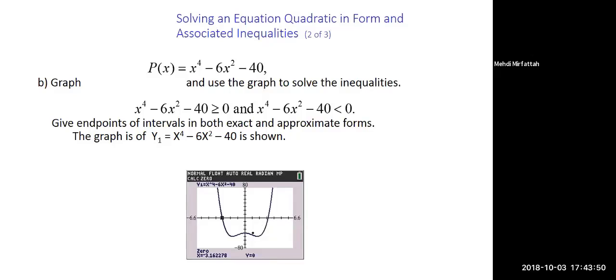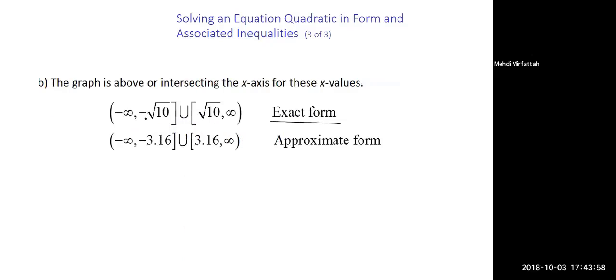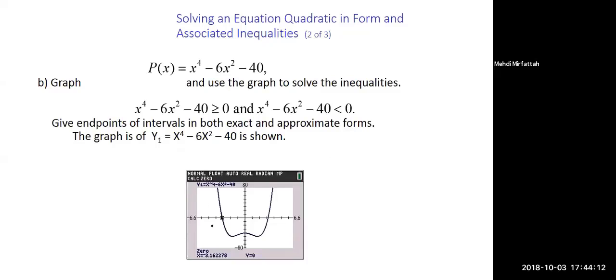The graph is below 0 right between these two points that you calculated. The exact value is plus and minus radical 10, and the approximate value, if you put this in your calculator, is about 3.16. So these are the points: minus square root of 10 and plus square root of 10.